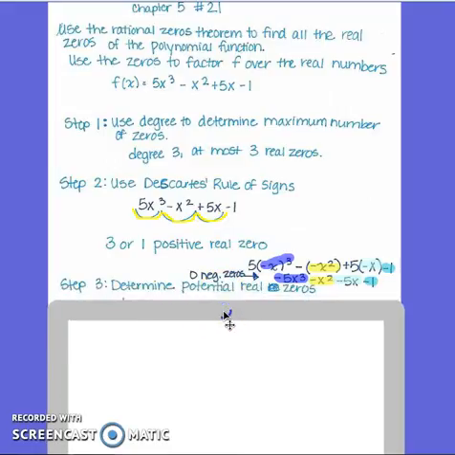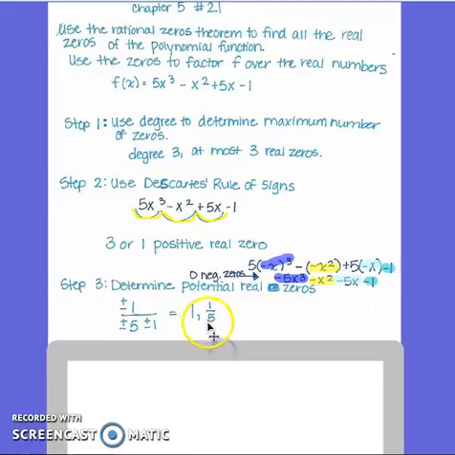The next step is to determine our potential real zeros. Okay? In order to determine our potential real zeros, we look for the factors of our constant and the factors of our leading coefficient. So, factors of our constant, and you find the integer factors, so it can be positive or negative.